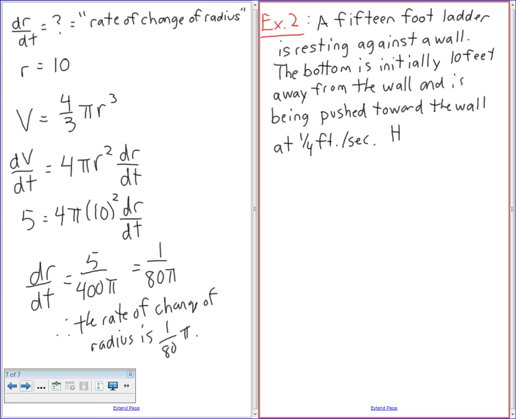How fast is the ladder rising 12 seconds after we start pushing?